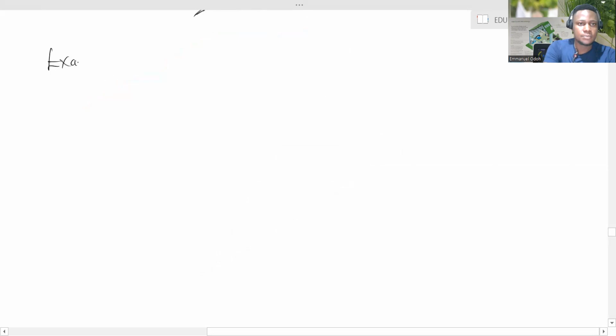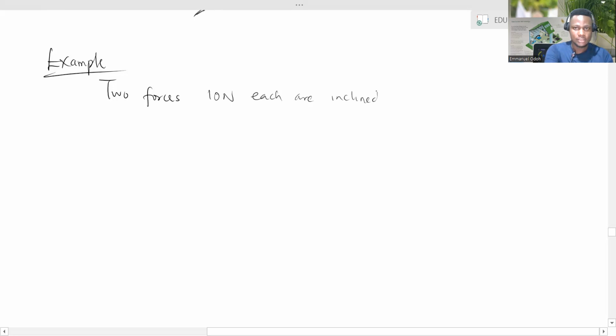Let's solve an example. Very interesting example. Say two forces, 10 Newton each, are inclined at 120 degrees to each other.